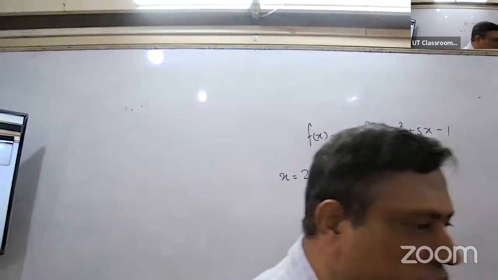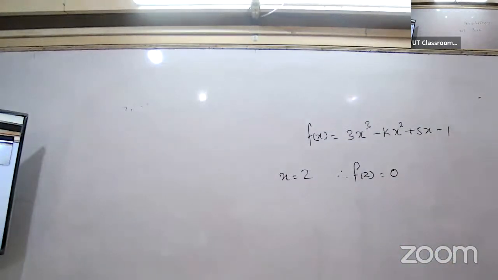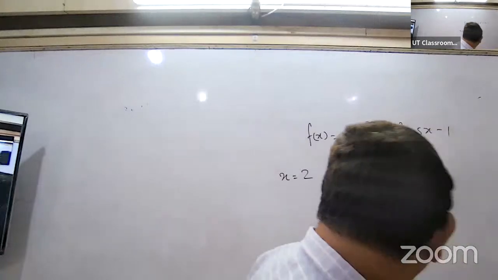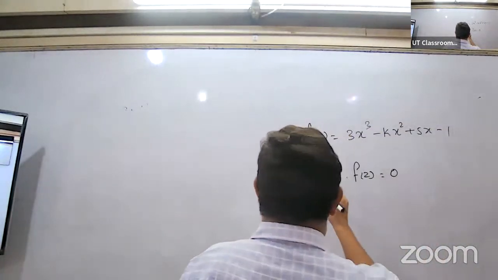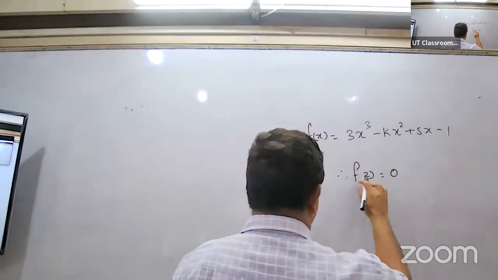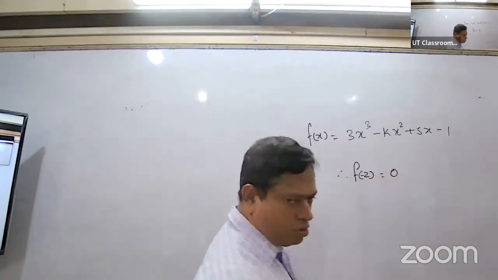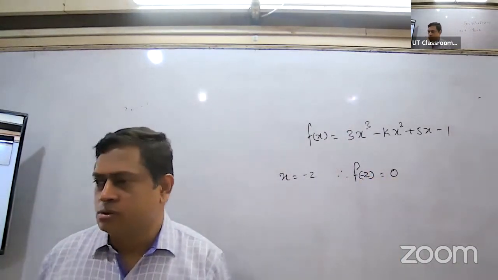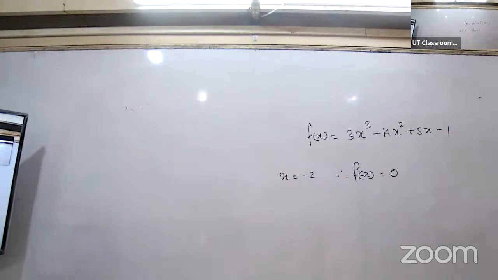What is the discussion, both of you? Negative 2, somebody said 2. One zero is what? Minus 2? Then tell me, you should tell immediately. 2 or minus 2?